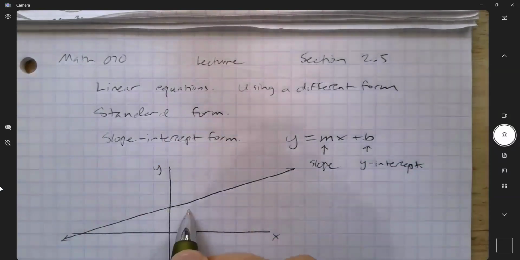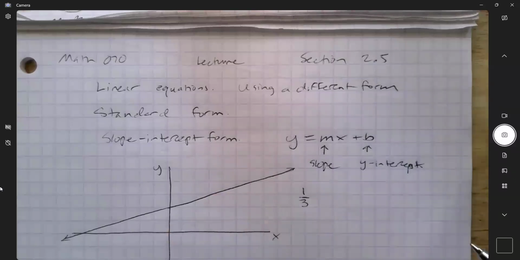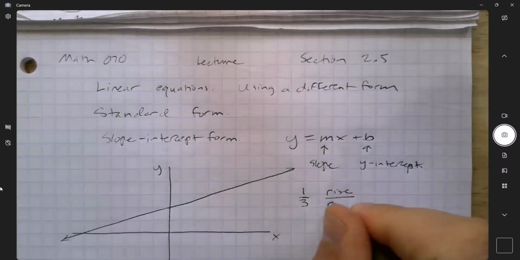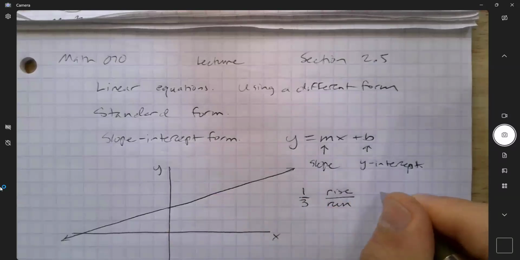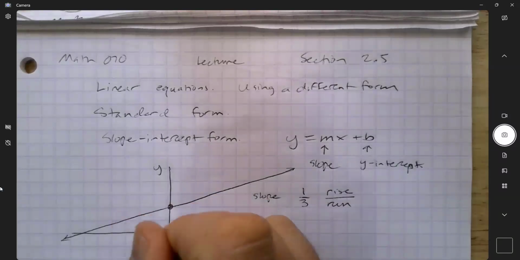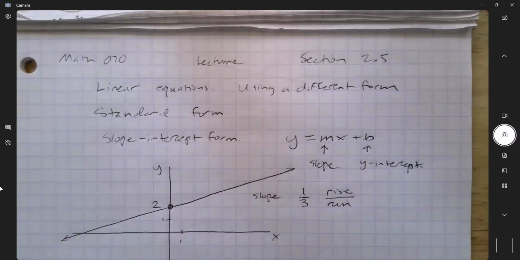So if it goes over 3 and up 1, the slope is 1/3. Rise over run, or change in y over change in x. And then you can just read off the y-intercept as being at the point 2. And so your line would have the formula y equals 1/3 x plus 2.